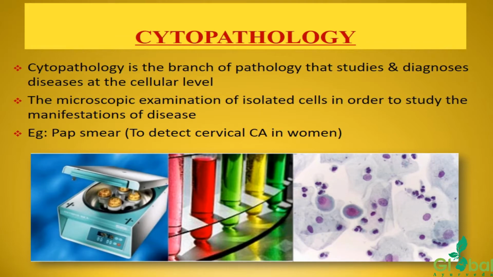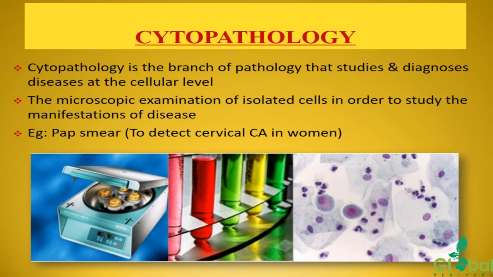So we collect cells from the body of the patient and isolate them separately in a medium. From there we go for further microscopic examination, along with staining procedures, and further chemical reactions are also carried out on these isolated cells. A specific isolation medium is used.